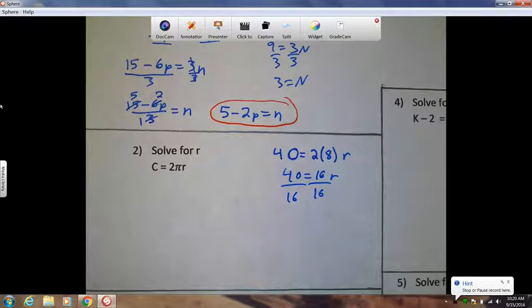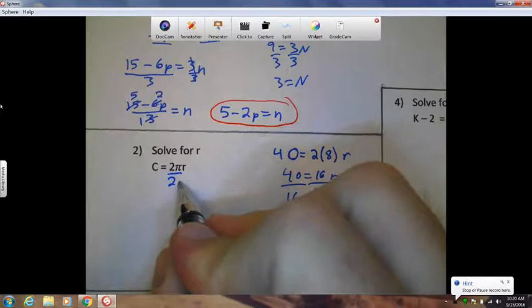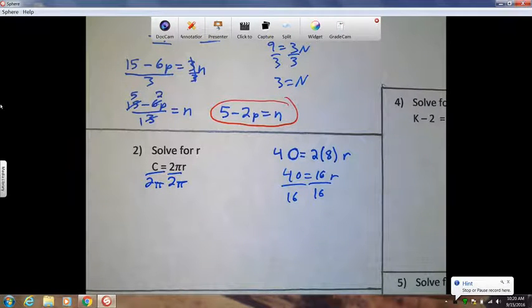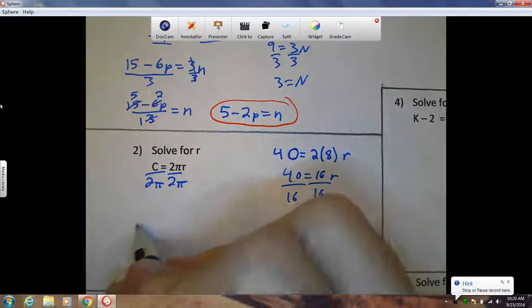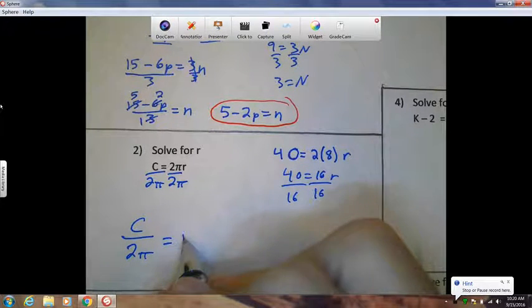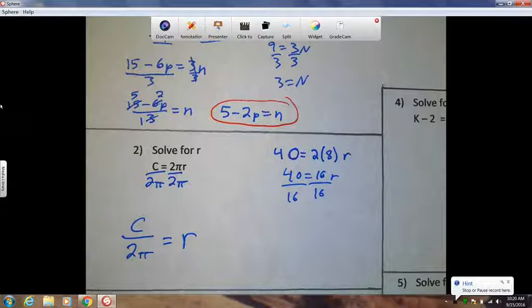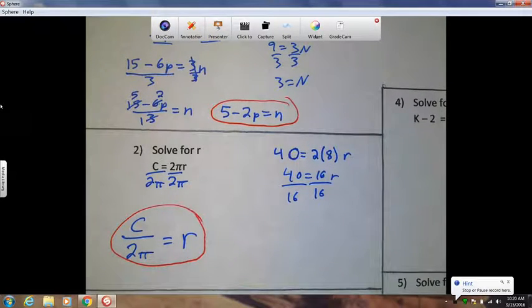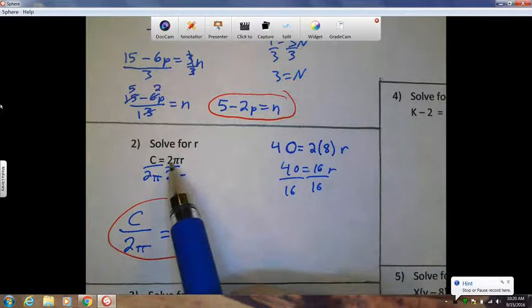Remember, what you do on one side of the equation, do it on the other. So circumference divided by 2 pi is equal to the radius. And that's it. Can't do anything else. So if there's two things that are multiplied, divide by both of those at the same time. Make sure you remember that.